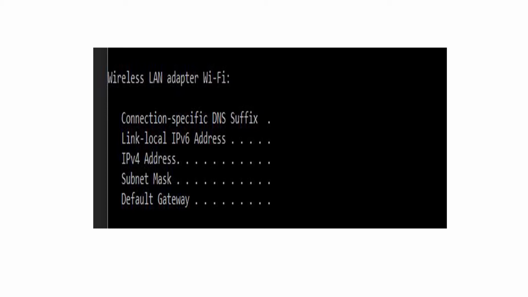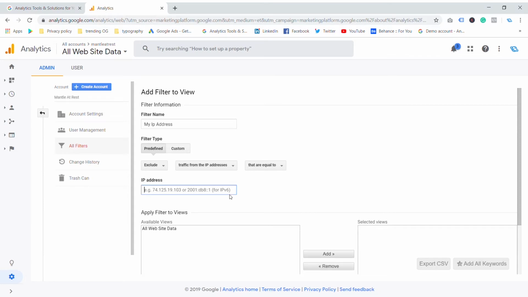Once that's done, you are going to enter your IP address into the IP address box over here. Just enter the numbers and the dots between the numbers.